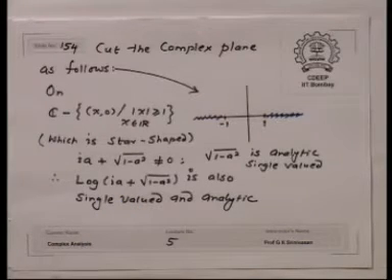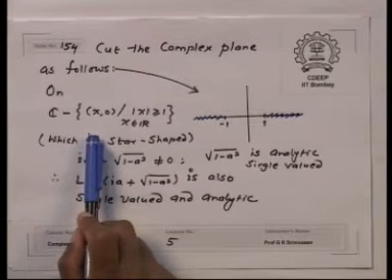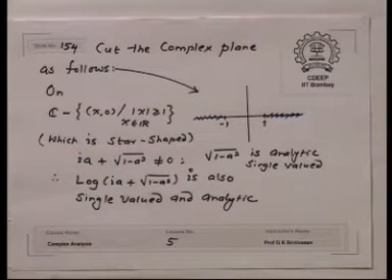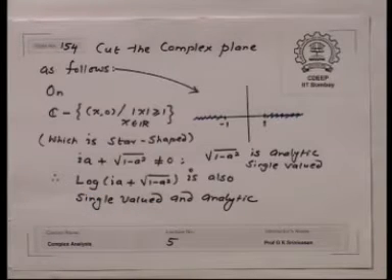So the sine inverse of a, or arc sin a, is single valued analytic on the complex plane minus the two rays starting from plus minus 1 and going off to infinity. Is it clear? You know how to differentiate the log and the square root, so by chain rule you can differentiate arc sin z.